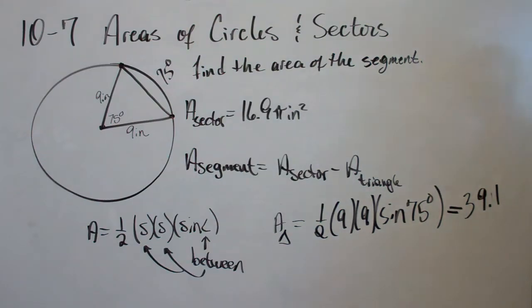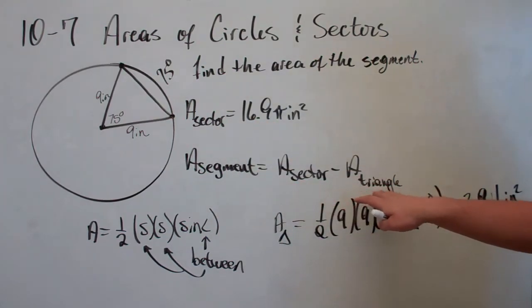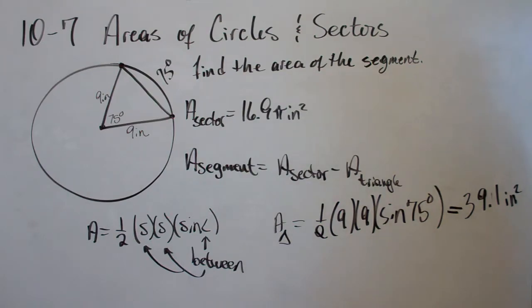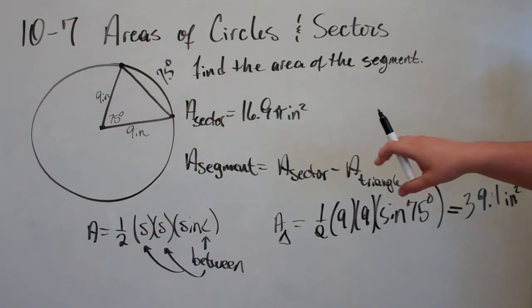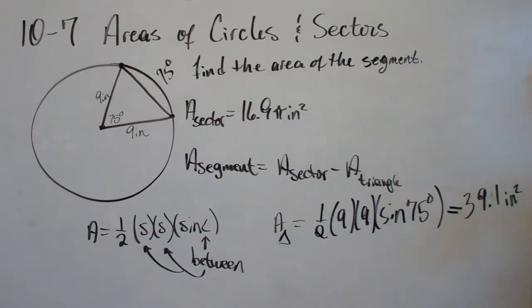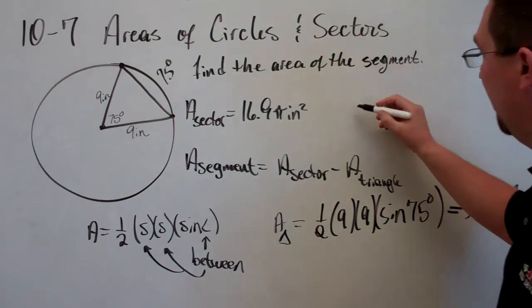So now we have the area of the triangle, 39.1 inches squared. We have the area of the sector, so we're just going to take the area of the sector and subtract the area of the triangle. Now, they can also ask you to leave this in terms of pi as well. That's actually the easiest way to leave your answer, because if they say, what is the area of the segment, leave your answer in terms of pi, it's simply got to be this.